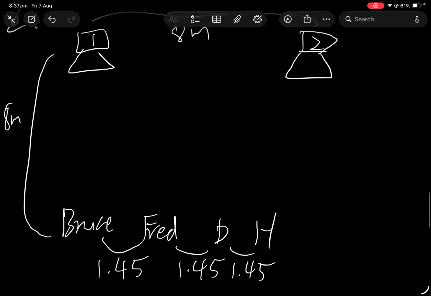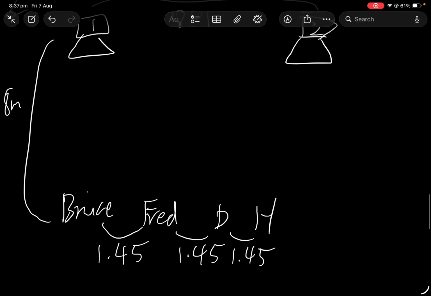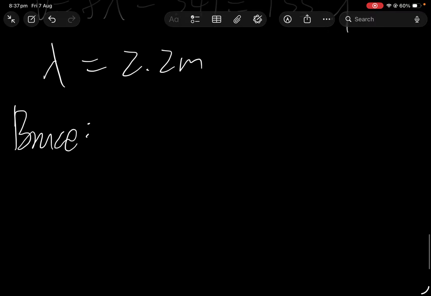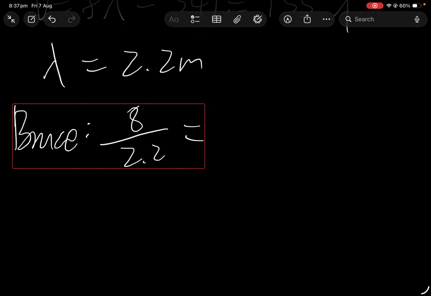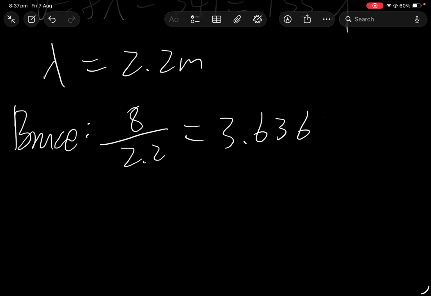So now we can use this information for Bruce. Bruce is 8 meters from speaker 1 straight, so just 8 meters. We want to find how many oscillations in 8 meters. So just 8 divided by 2.2, which equals 3.636 and a bunch of 3 6s. That is the number of oscillations.